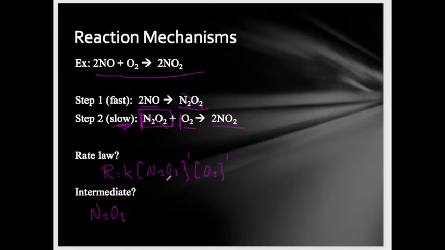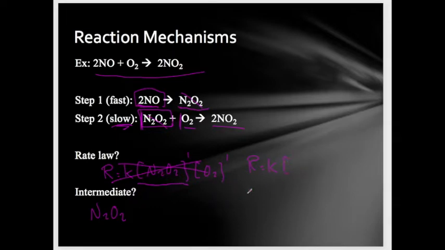So I need to pause and see if I can replace this with something. Is there something I can replace that with that would make more sense? Well, where did the N2O2 come from in the first place? It came from this fast step, didn't it? It came from 2 moles of NO reacting with each other. So my rate law then is not going to be this. My rate law is actually going to be, I'm going to show where the N2O2 intermediate came from.